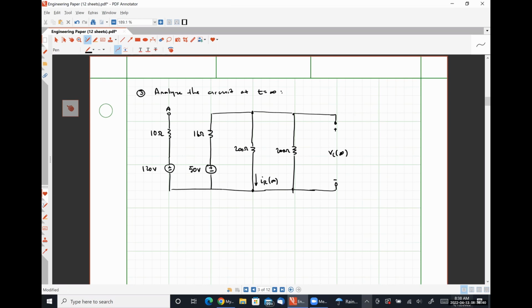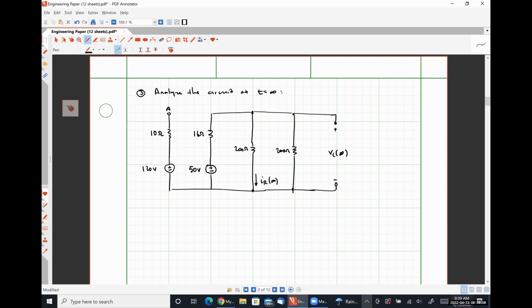So let me make a brief suggestion here by observing something. Our capacitor is in parallel with the 200 ohm resistor that has the current IR of infinity flowing through it, which means if we can figure out what IR of infinity is, we multiply that value by 200 ohms and we have our capacitor voltage.